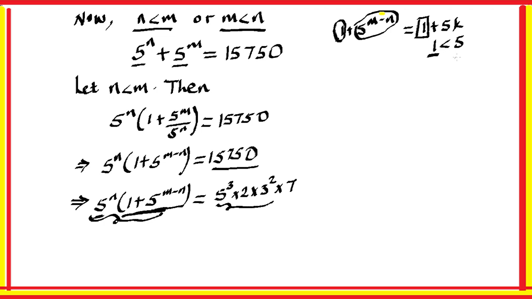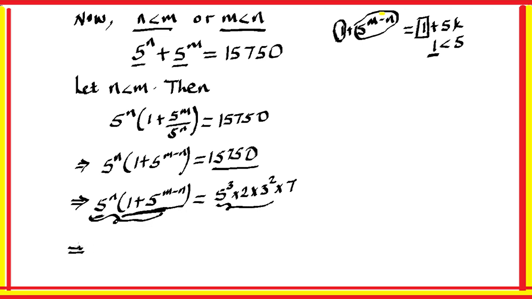We will have a remainder 1. That means this number is not divisible by 5. So we are sure now the number on the left side has the prime factor 5 with multiplicity n, and on the right side we have the prime factor 5 with multiplicity 3.